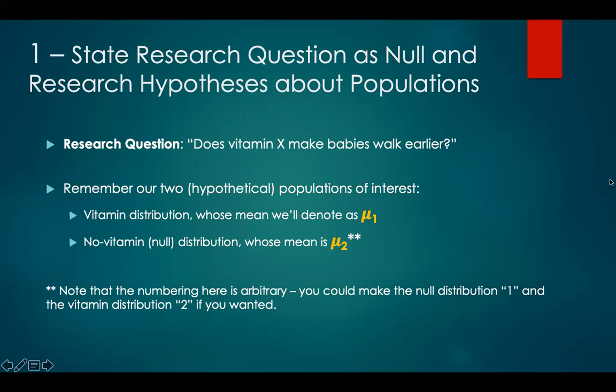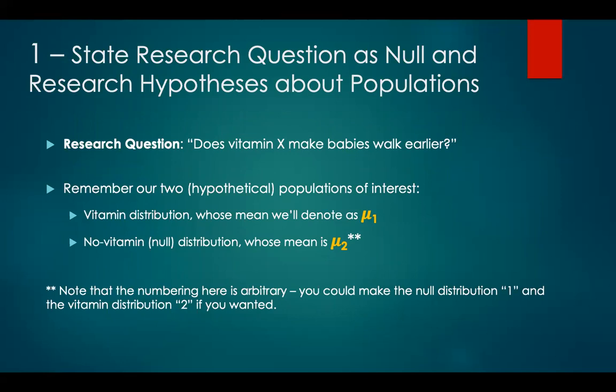So for the research question we had earlier, does vitamin X make babies walk earlier? In step 1, we have to state our research question as null and research hypotheses.